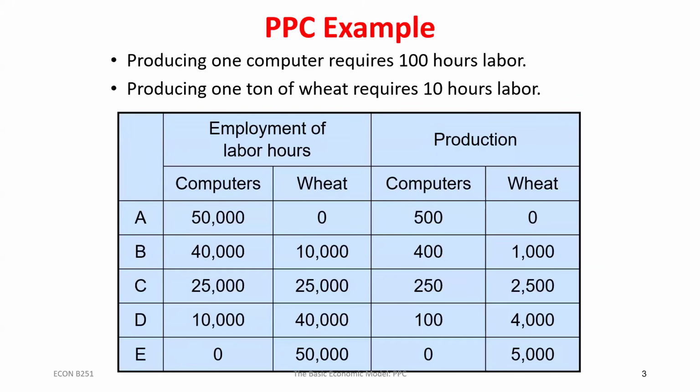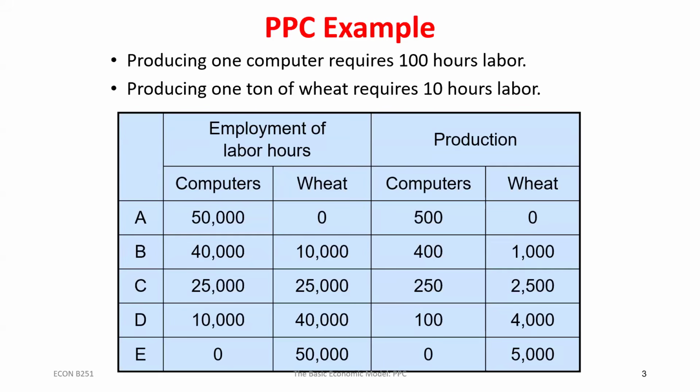If they're only producing computers, we had what? 500, but no wheat. If I had all wheat, but no computers, I think we could produce 5,000. I could then start to graph any point in between.